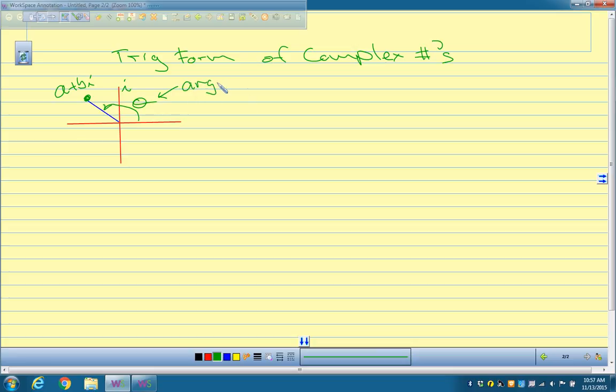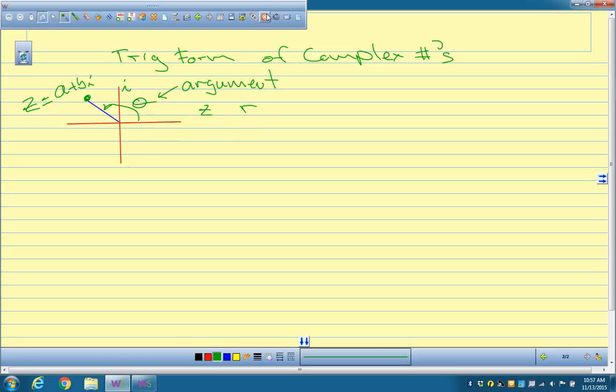So it's the same thing as the angle when you're talking about a vector, which I forgot the name of. The theta is called the argument in trig form.